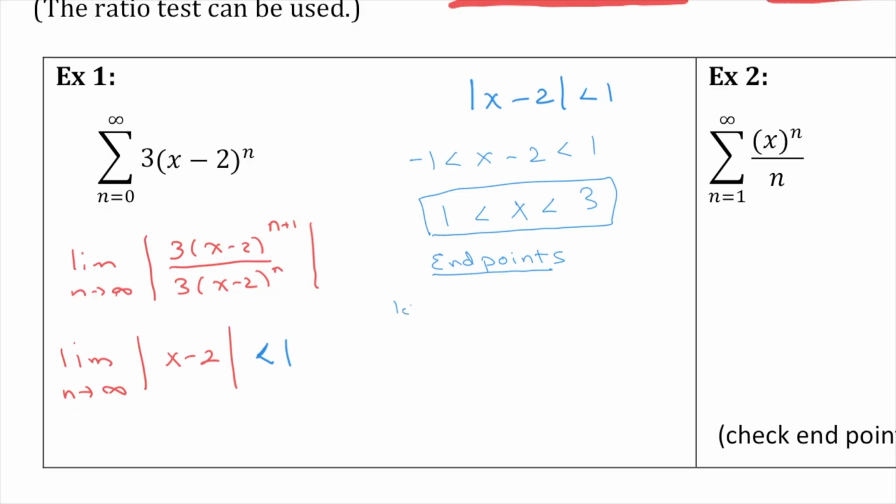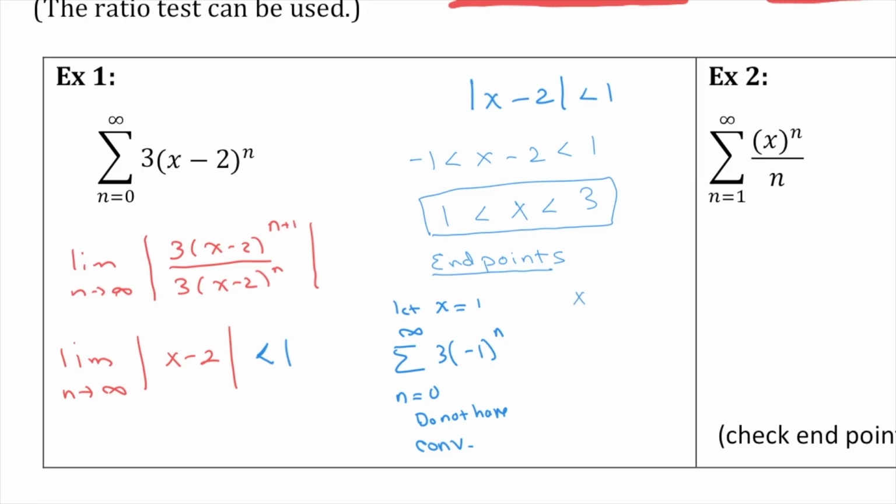For the first part, we're going to let x equal 1. We will substitute the x value into our original series, and that gives us 3 times negative 1 to the nth power. Now, negative 1 to the nth power is just alternating the number 3, and that limit as n goes to infinity does not exist. So at x equals 1, we do not have convergence. So we're not going to include 1 as an endpoint.